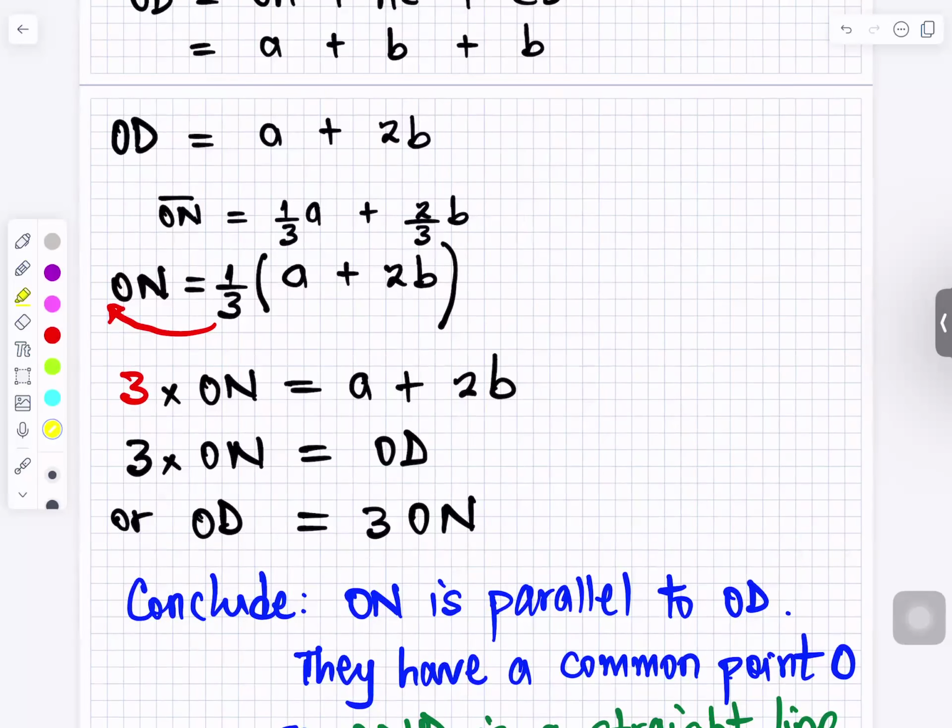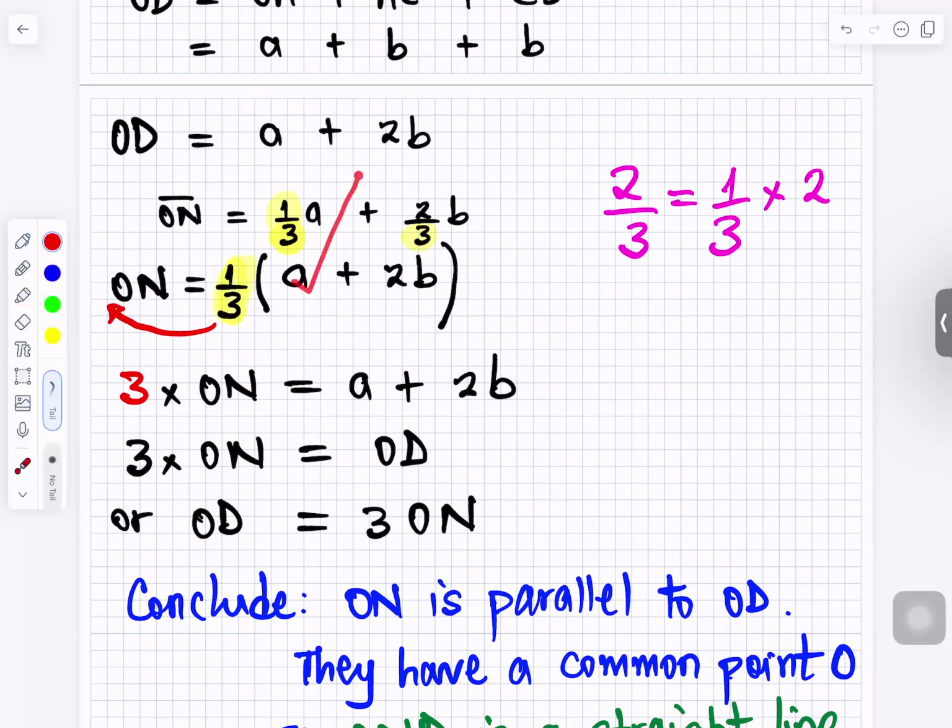If we take this 1 over 3 out of the bracket, remember, 2 over 3 is the same as 1 over 3 times 2. That's why I separate it like that. So if we take 1 over 3 out of the bracket, we are left with A in the bracket and 2B.